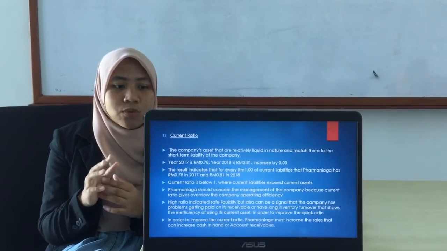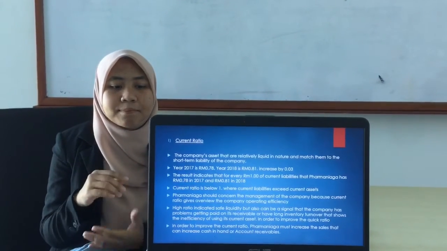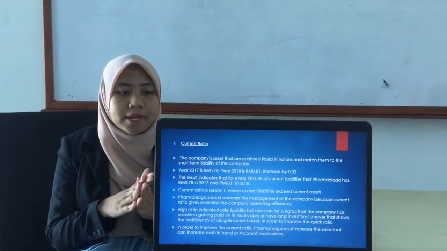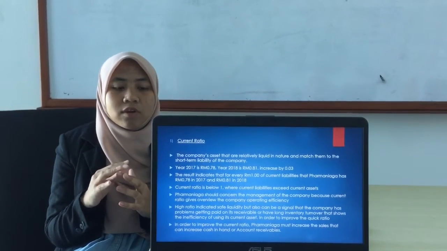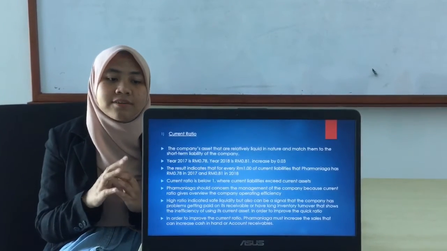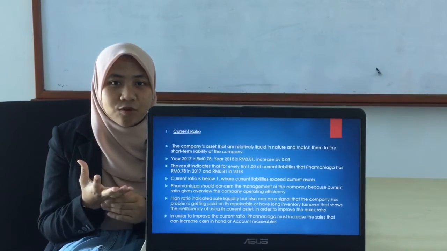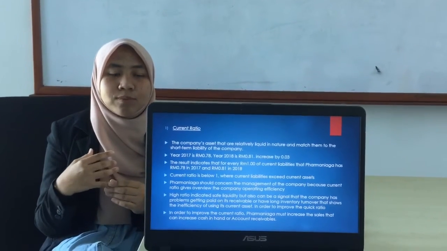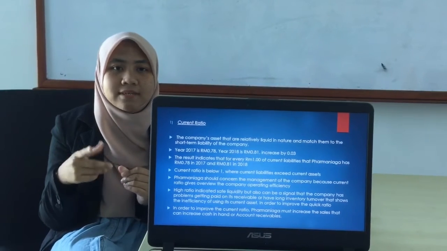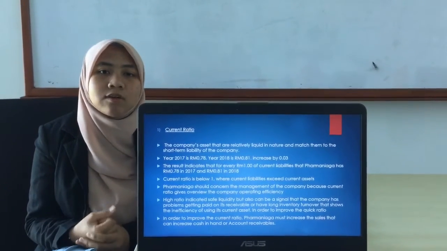A high ratio indicates safe liquidity, but it can also be a signal that the company has problems getting paid on receivables or has long-term inventory, which shows inefficiency in using its current assets. As a recommendation, in order to improve the current ratio, Pharmaniaga must increase sales, which can increase cash in hand and accounts receivable.